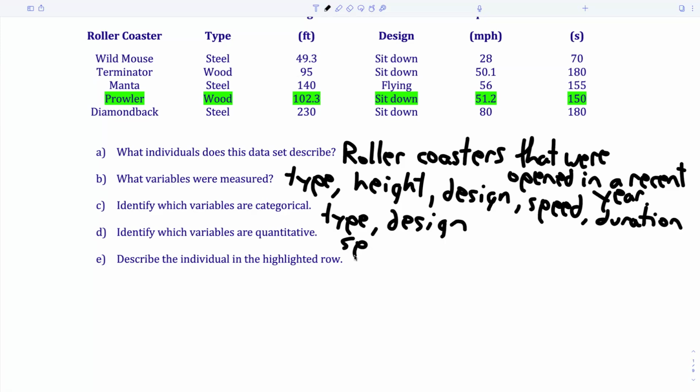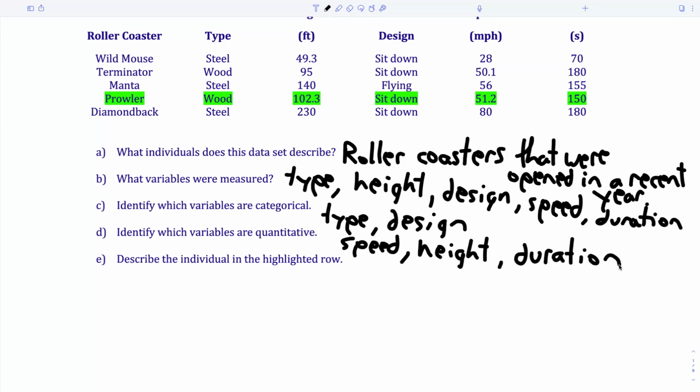So speed. Does it make sense to find the average speed of the roller coaster? Yes. Therefore, it is quantitative. So we have speed, height, and duration.